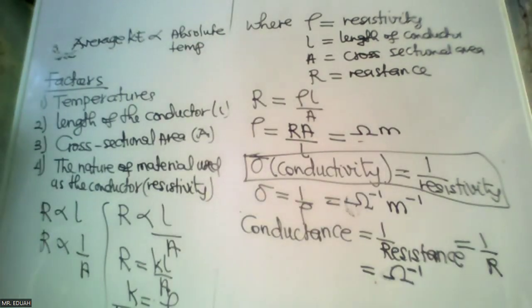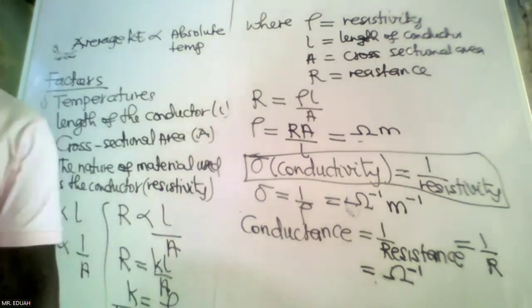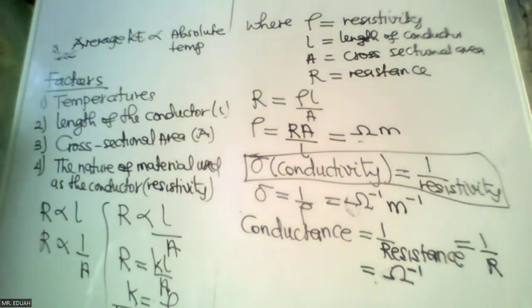I want us to just go through the theory, then we apply this in solving questions. Let's look at when you have a number of cells connected in series and in parallel.